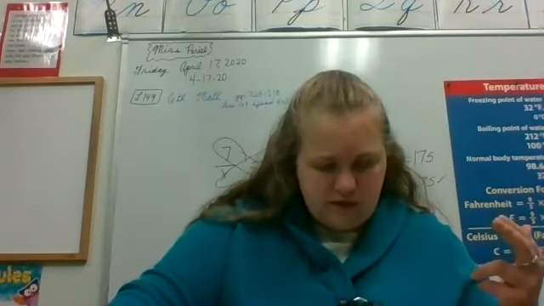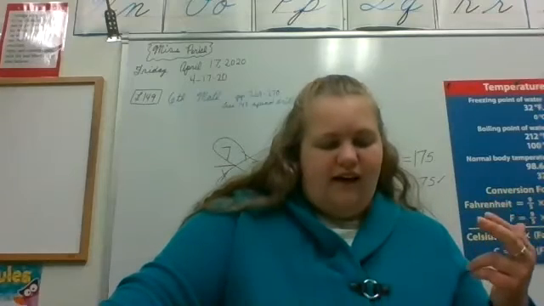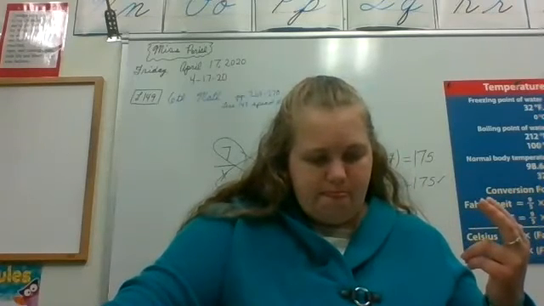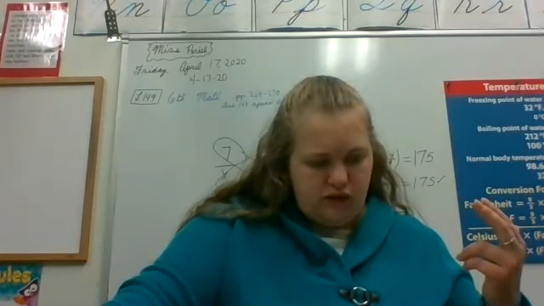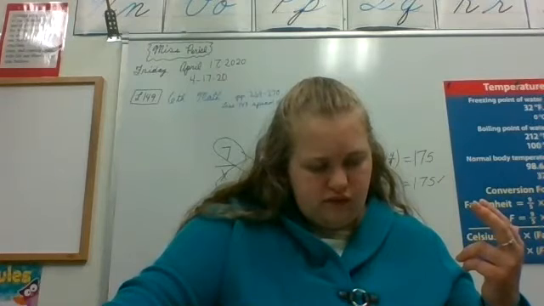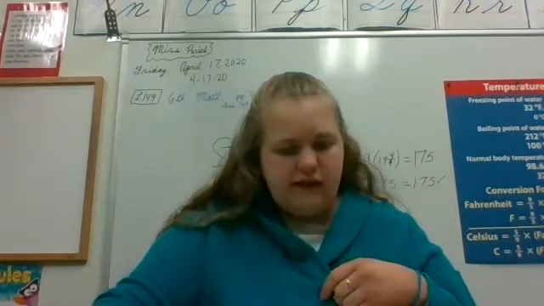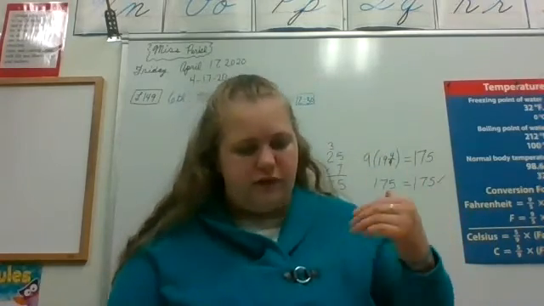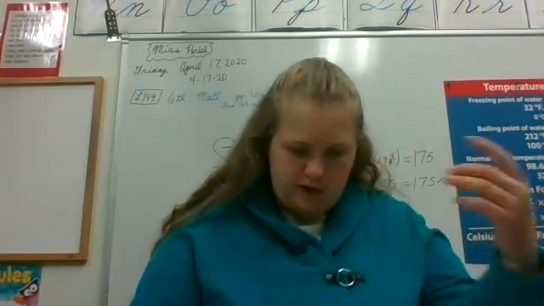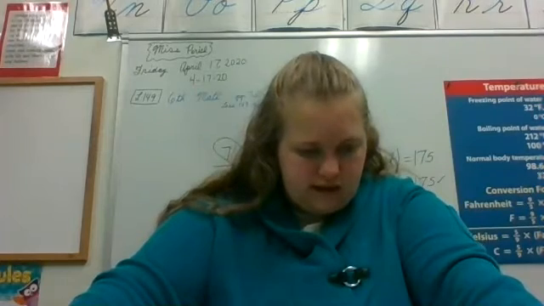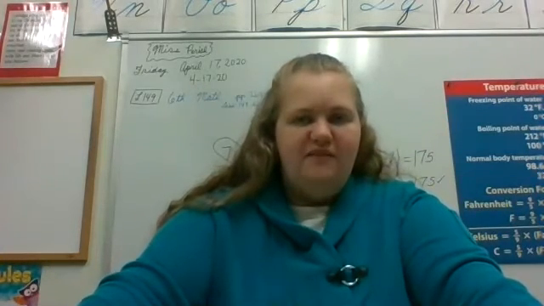All right, so let me give you what you're gonna be doing. In section 1, I'm going to have you do all of those because those are the formula we're working on right now. That's the C formula.